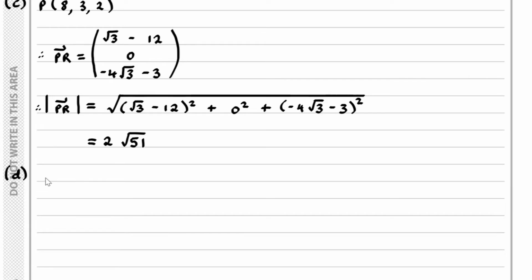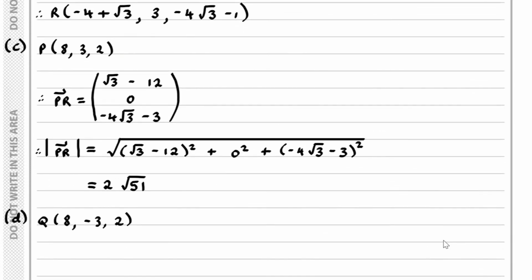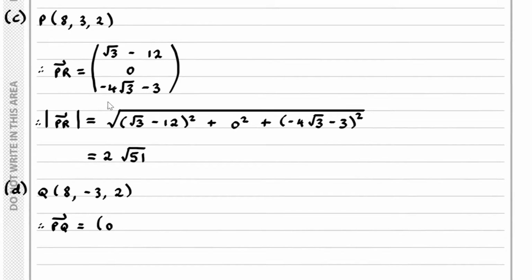If I write down the coordinates of Q, we've got 8, minus 3, 2. And so therefore, if we were to find out what the vector PQ is, we are going from P to Q. Well, from 8 to 8, we go 0.